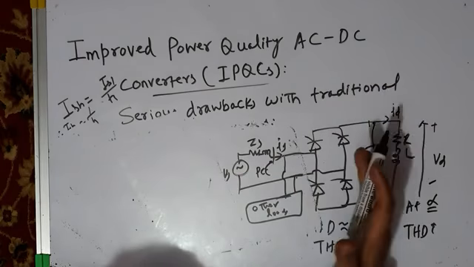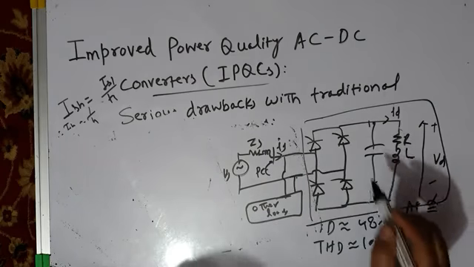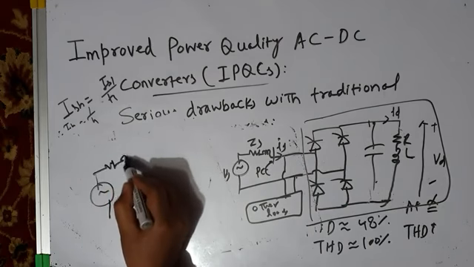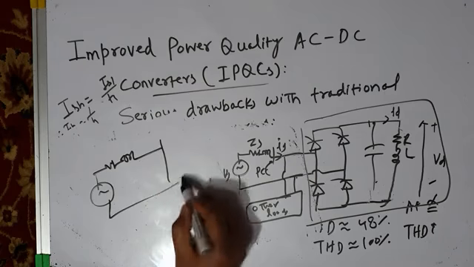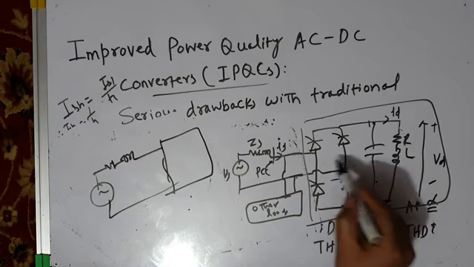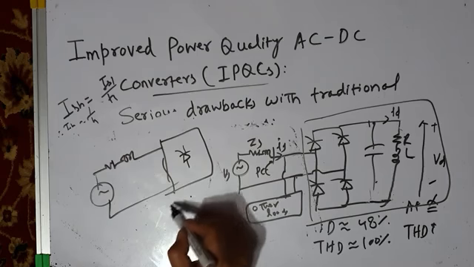इसको कैसा लगता है? इसको ये non-linear load लगता है. If you put all this, this is your source. आपके source को ये load, converter, AC to DC converter based load, ये इसको non-linear load लगेगा.